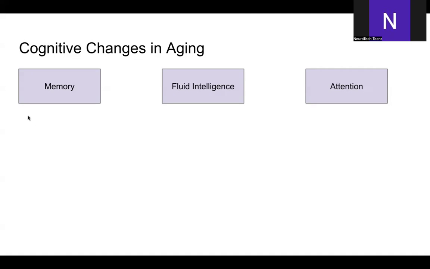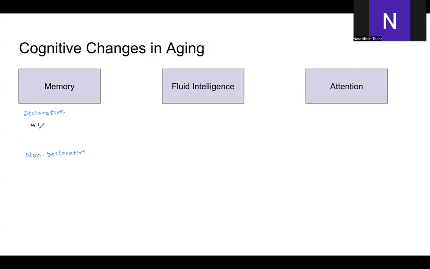In memory, I hope you guys remember from chapter 4, there are two types of memory, declarative and non-declarative. I just want you guys to take a minute and briefly re-remember if you don't remember, but let's just go over what declarative memory is.